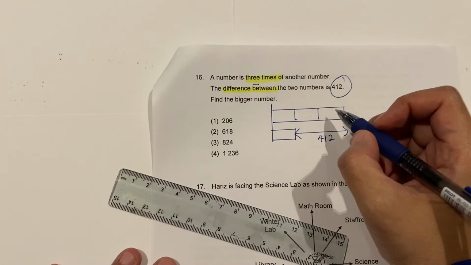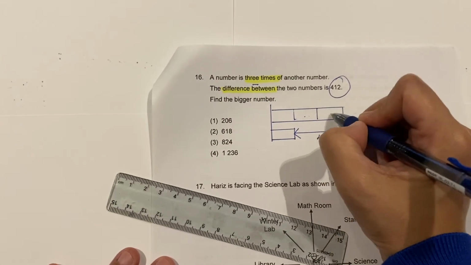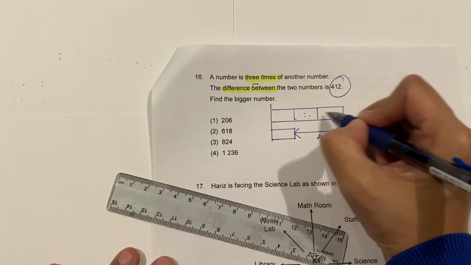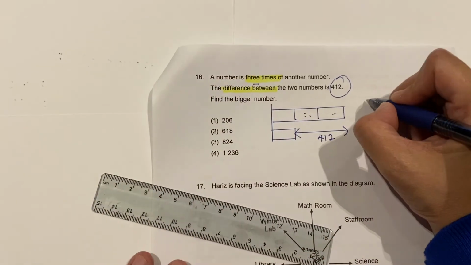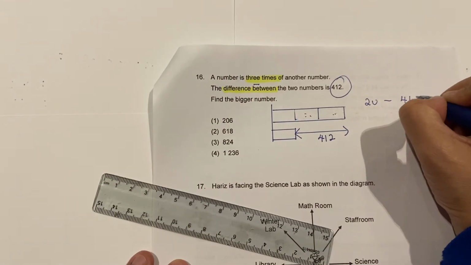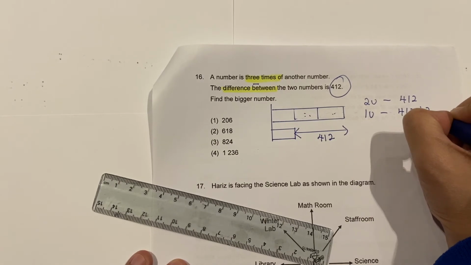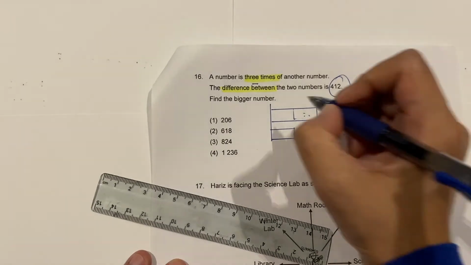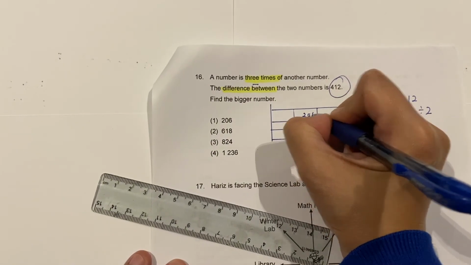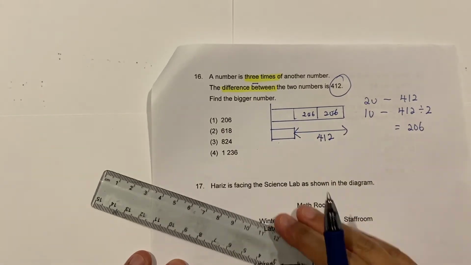So what I do is, can I find 1 unit? Because I know there are 2 units that represent the extra. These 2 are the extra. So 2 units is 412, and 1 unit is 412 divided by 2, which gives you 206. So each one here is 206, and this one also, they're the same.